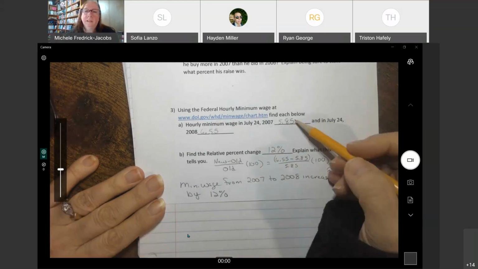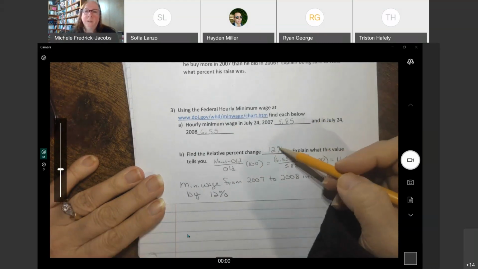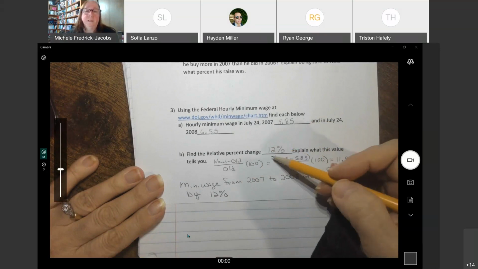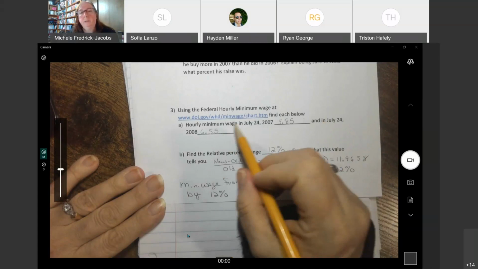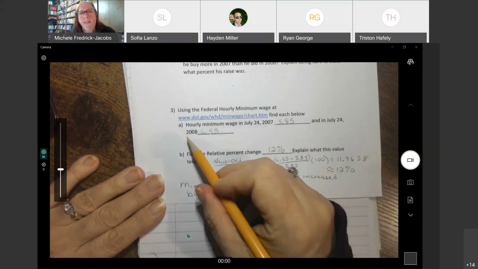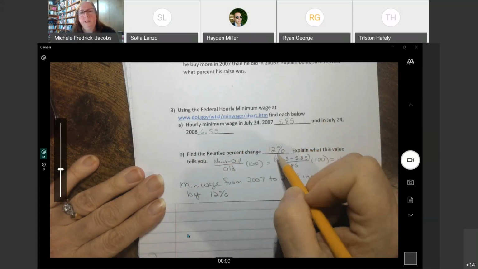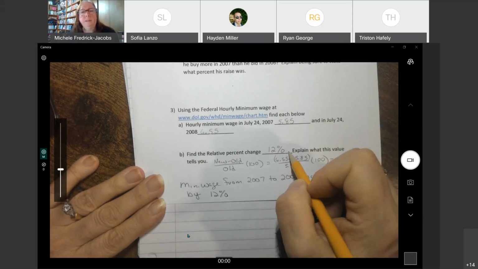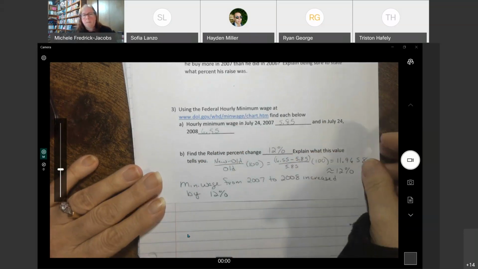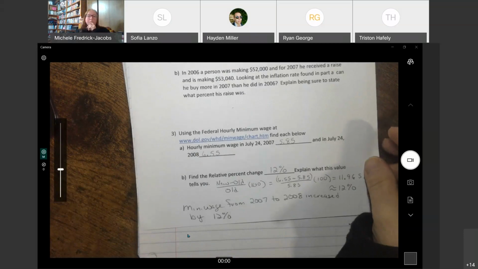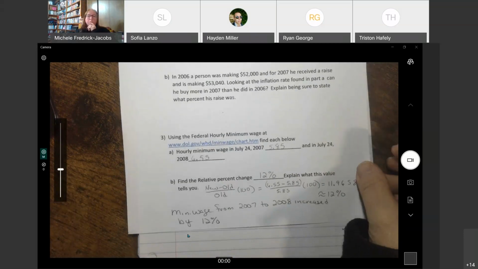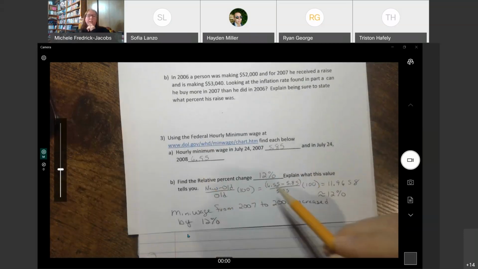I think this is the year where they were trying to catch up with inflation. It was within 1 year, it jumped 12%. And I think this is where they were trying to catch up with the inflation rate. Any questions on that? Normally, within 1 year, it's not that big of an increase.